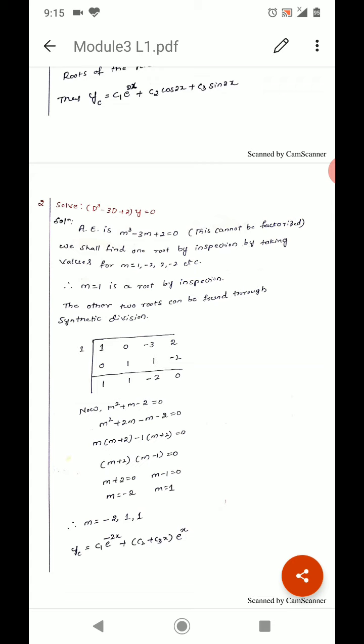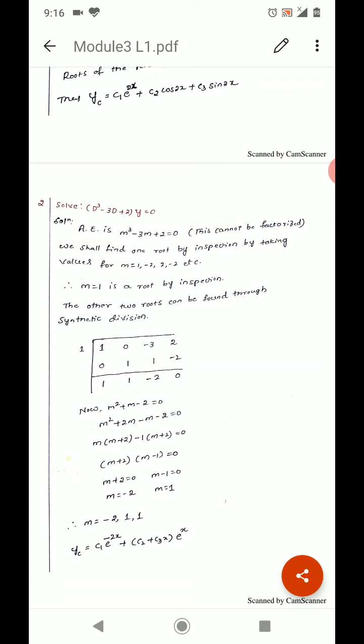Next we have 1, so that is the coefficient of m, and again we have 1, that is the coefficient of m square. Therefore we will get the equation m square plus m minus 2 equal to 0. By solving this equation we will get the roots minus 2 and 1.